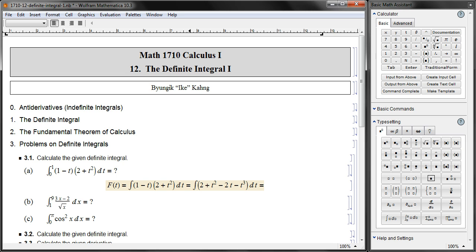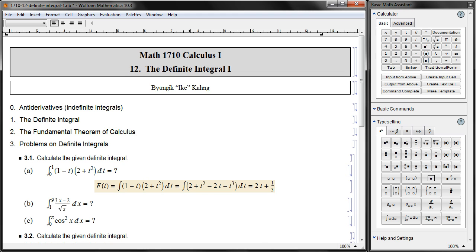And then we take the antiderivative: t plus 1/3 t cubed minus t squared minus 1/4 t to the 4th power plus integral constant c. That's the antiderivative in general form. There are infinitely many of them because the c value can be anything.